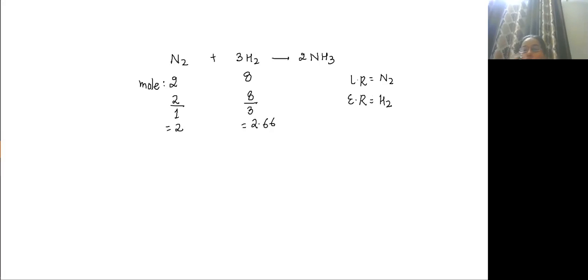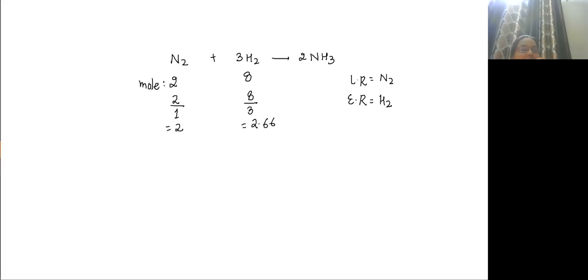How will you find out moles of NH3 that is produced? By using LR or ER? Correct, you will use LR to calculate this.